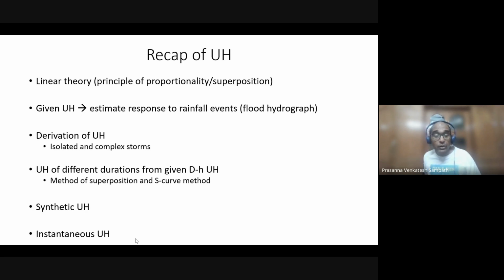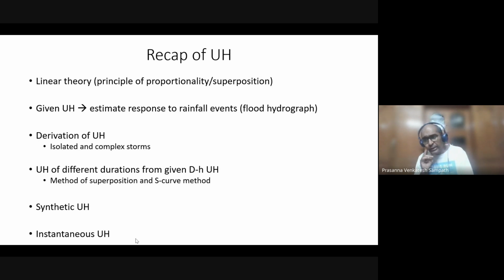Or if I have a 5-hour unit hydrograph, I can find a 10-hour, 15-hour, 20-hour, and so on. With a 5-hour unit hydrograph, I can't find an 8-hour unit hydrograph using superposition. The only limitation is that the desired unit hydrograph can only be an integer multiple of the one you have.